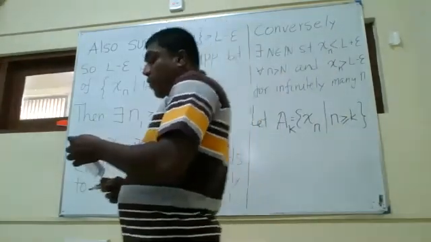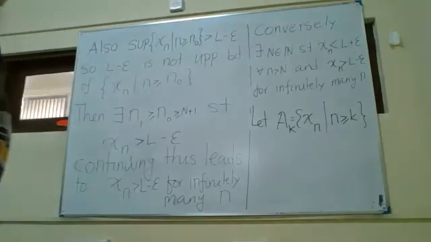So if we want to do that, let us define A_k to be the set of elements in the sequence such that the index is greater or equal to k.